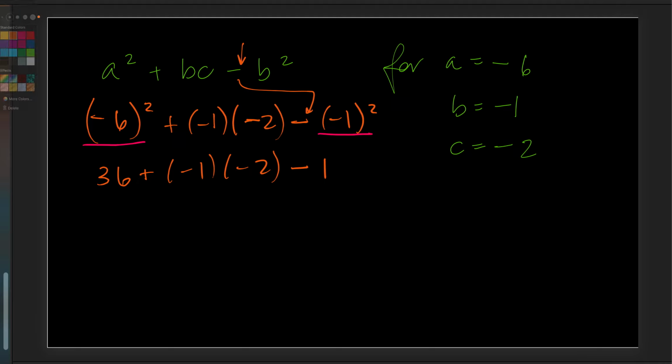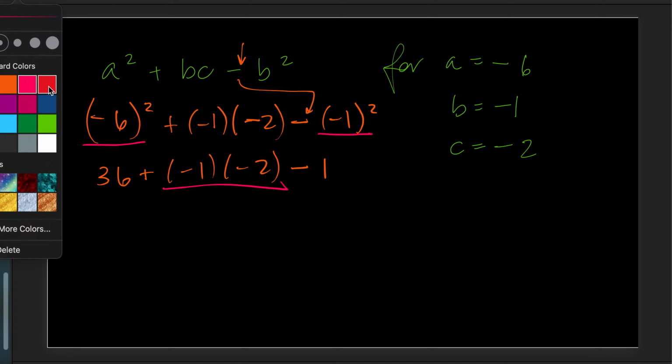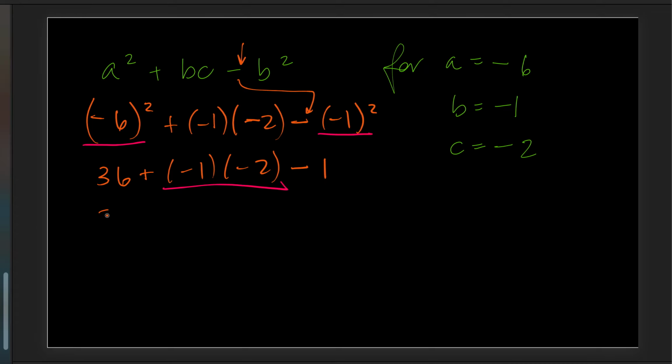And so now I have multiplication to do next. So 36, and this is -1 times -2, which is a +2, minus 1. And then we're looking at 36 plus 2, which is 38, minus 1, so the answer is 37.